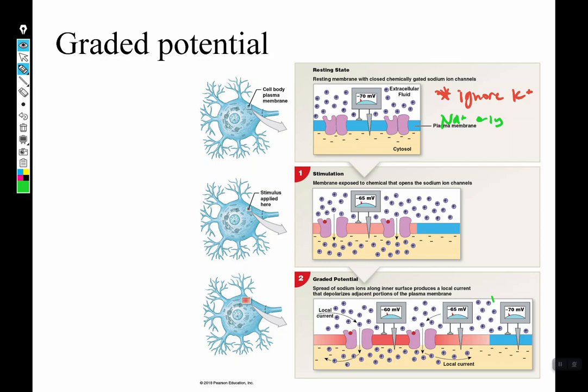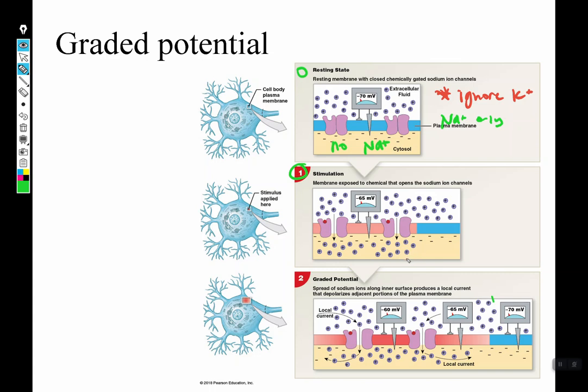Now, here's where some more diffusion rules kick in. At time 0, there was no sodium right here inside of the membrane. Now suddenly at time 1, there's lots of sodium.